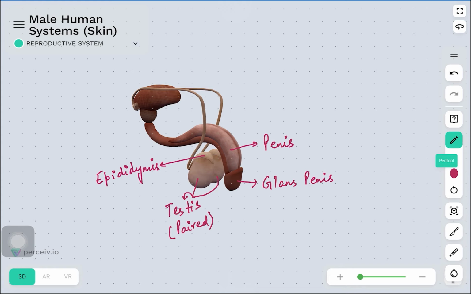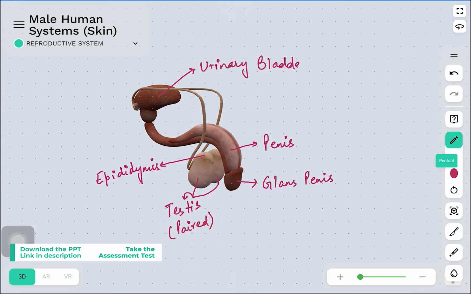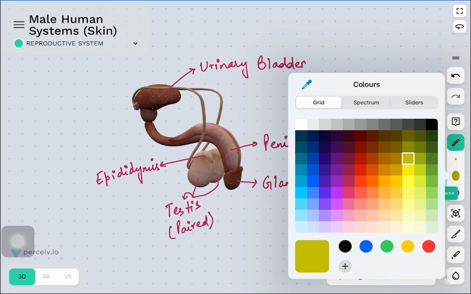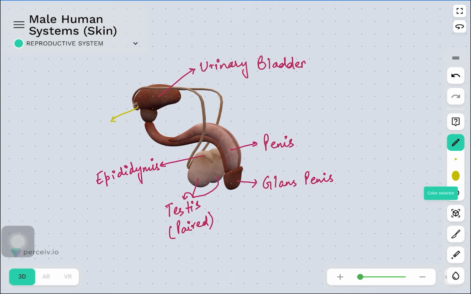Now this represents the urinary bladder. If we isolate this portion, it represents the seminal vesicles, which are accessory glands of the male reproductive system, also in pairs.